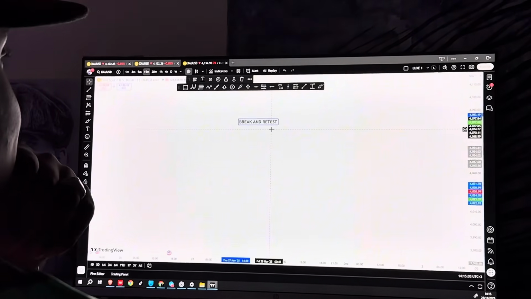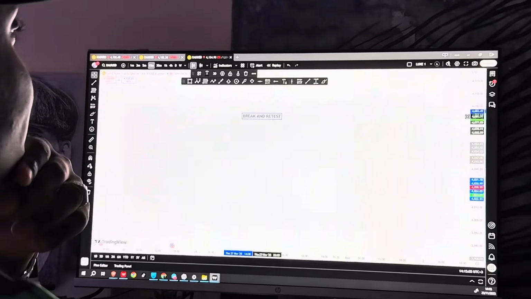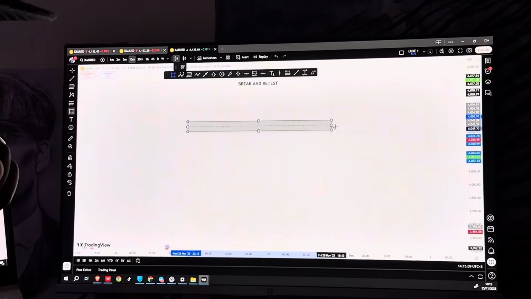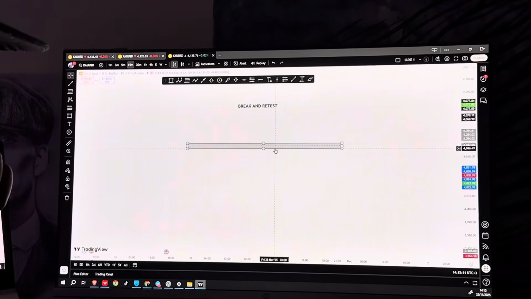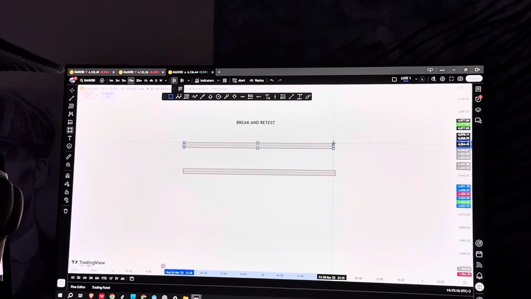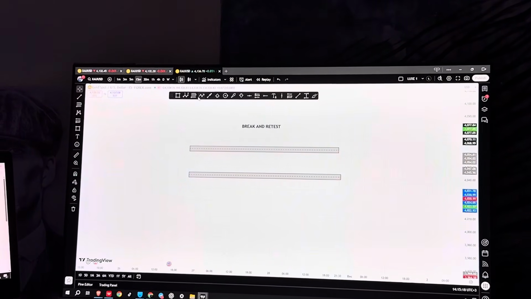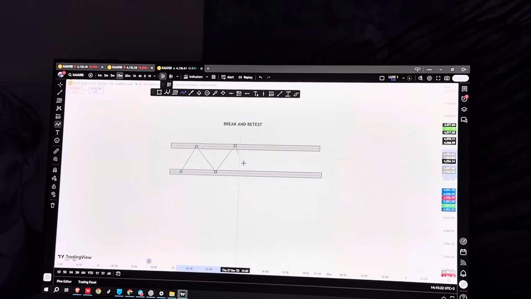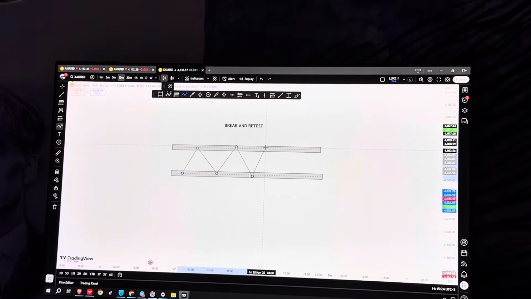Break and retest. The first thing you must understand is that in the market there's a support and there's a resistance. Assume these are your candlesticks. They are moving in between your support and resistance.